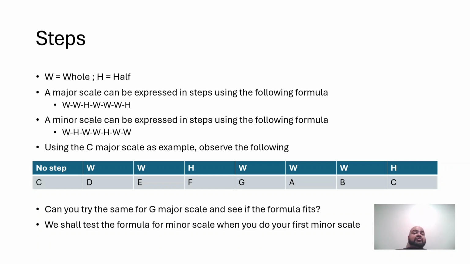I encourage you to try this formula out yourself with the G major scale, see if it fits. I know it will. I just want you to try it and see if you understand the concepts properly. And then we shall again try the whole formula for minor scale once we have done your first minor scale. But now that you know two major scales, this is a trivia question for you, or maybe extra homework if you're interested.